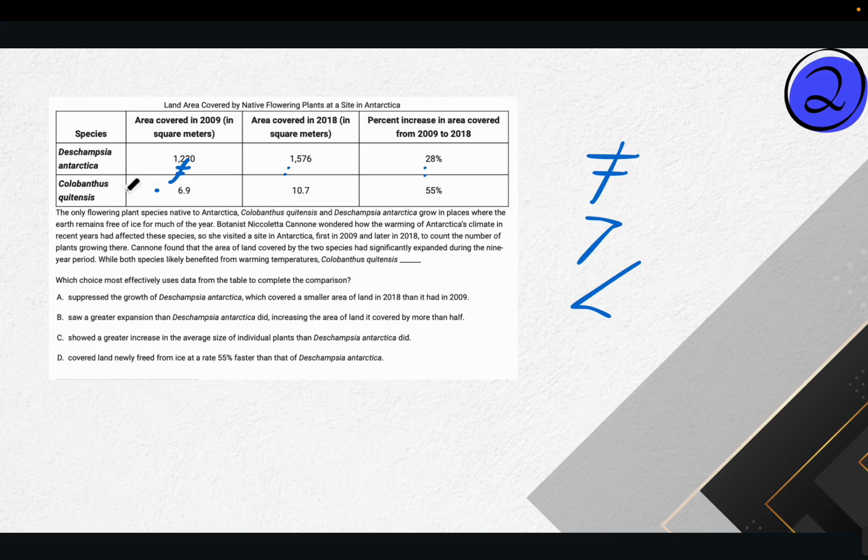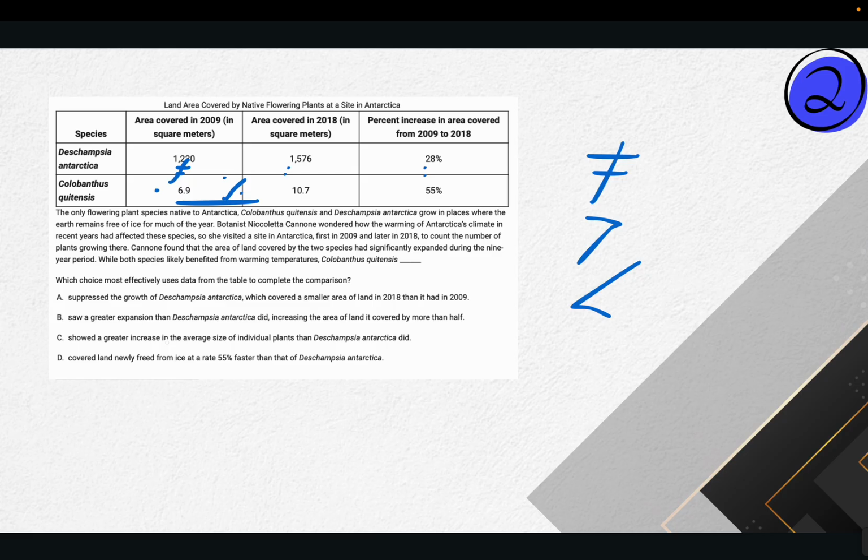The areas covered in 2018 in square meters is 10.7 and the other one is 1.57 or 576, and the percent of increase is 55% and 28%. So it increased more over here, the highest increasing percentage, and the answer choice for this is choice B.